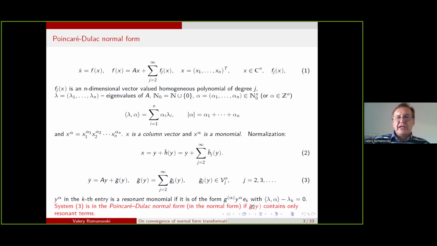And system 3 is in Poincaré-Dulac normal form, or just in normal form, if the series 3 contains only resonant terms.